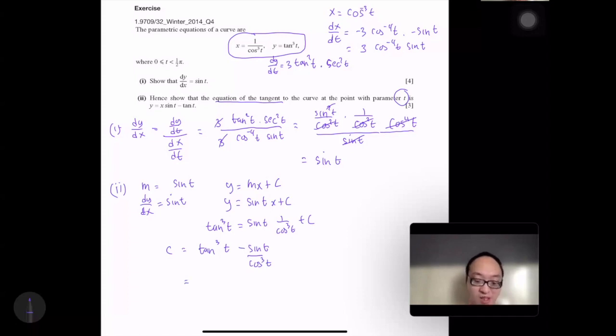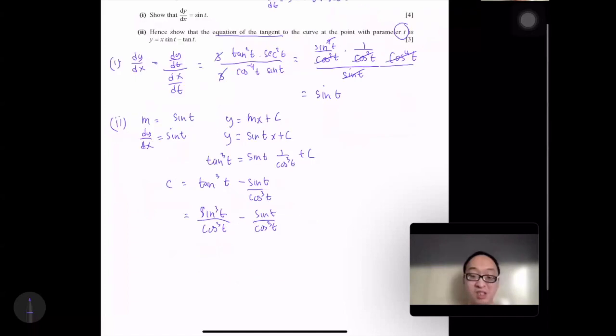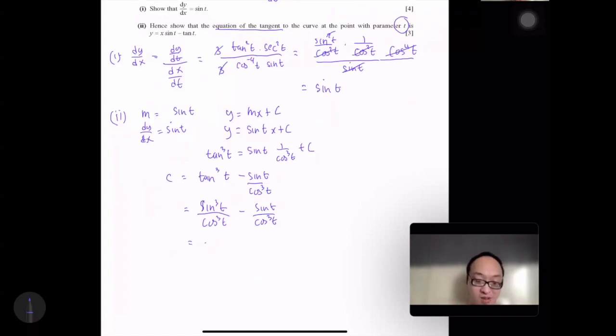Change again, the tangent becomes sine cube t over cos cube t minus sine t over cos cube t. The denominators are already the same, so we can combine into a single fraction: sine cube t minus sine t.